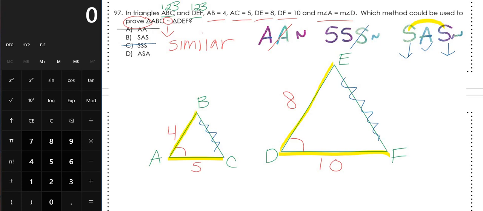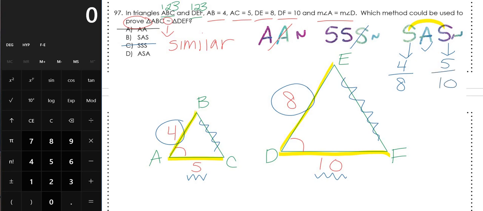Now let me check if the sides are in proportion. I'm going to grab one pair of sides that match, 4 and 8, and I'm going to put 4 over 8. I could have put 8 over 4. It's just a choice. I just want to make sure I match things up consistently. Now the second pair of sides is the 5 and the 10. Since I put 4 as my numerator, when I'm matching up the second pair of sides, I have to put 5 as my numerator over 10.